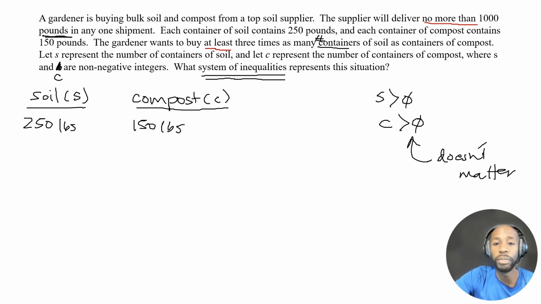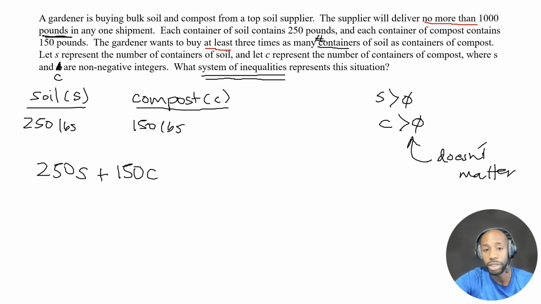The number of pounds of soil that they buy is 250 pounds per container times S containers of soil, plus 150 pounds per container of compost times C containers of compost. That has to be no more than 1,000 pounds, so it's going to be less than or equal to 1,000 pounds. All right, so that's our first equation.